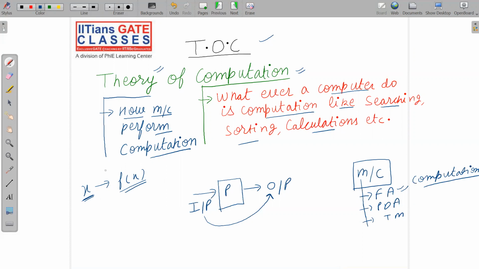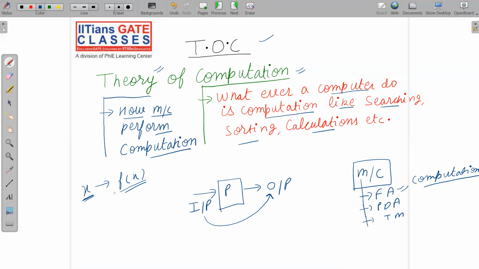So you may think that obviously all functions can be computed, like we give x and we find f of x. Obviously we can do it for any function like this, but no, we cannot compute every function. We cannot find f of x given x for each and every function in this universe.